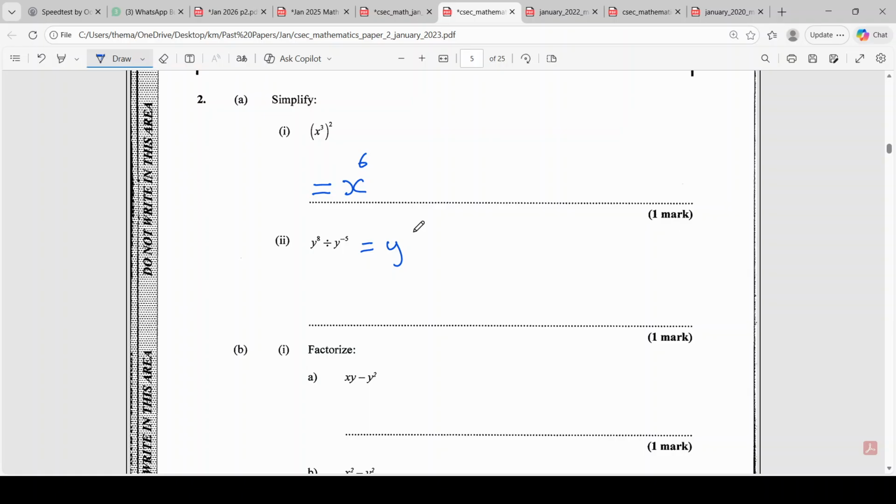So when you're dividing two same terms with indices or a power, the rule of indices is you need to take away the powers. So this would be 8 take away negative 5, which is y to the power of 13.